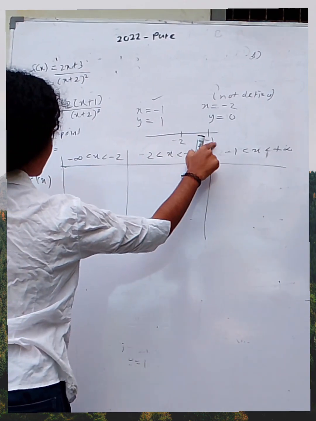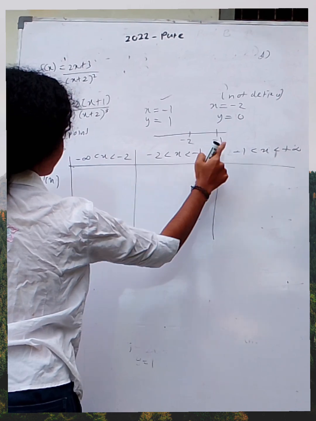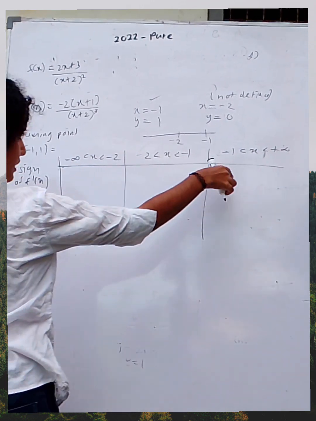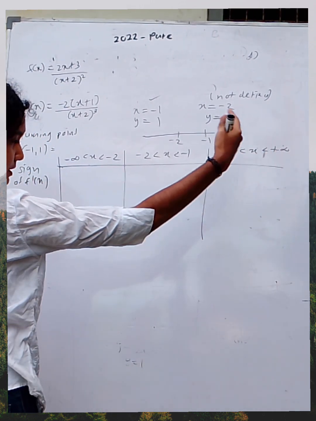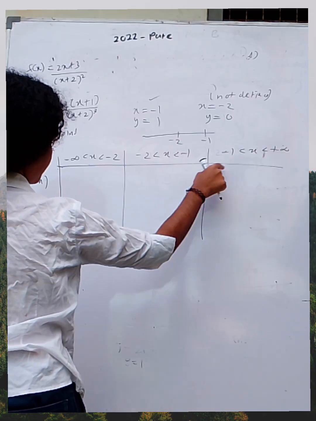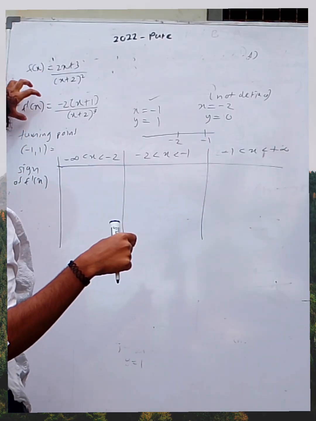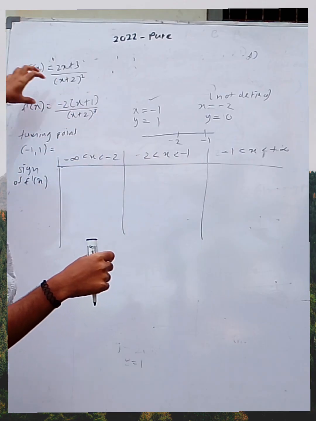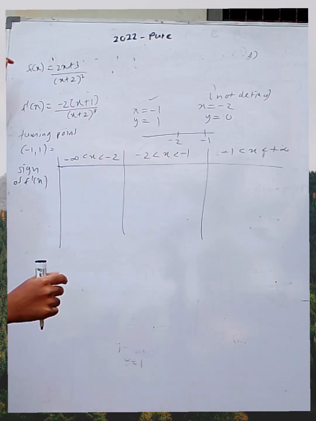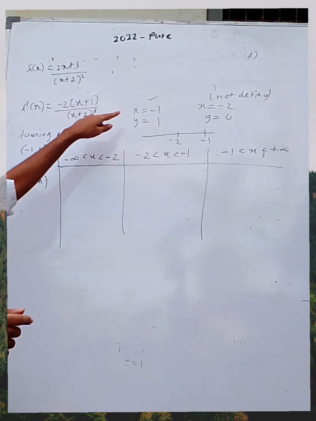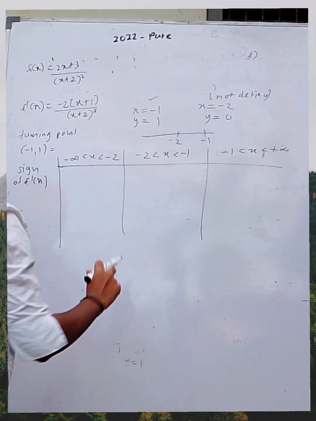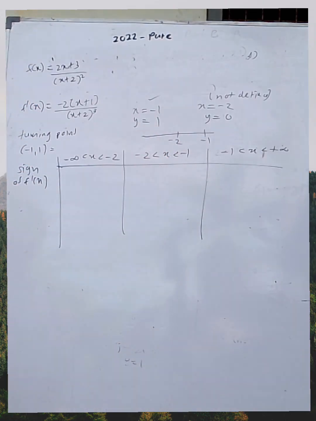Now let's check from the right hand side, the extreme positive side. I have to substitute a positive value into this f'(x). Now you need to consider only f'(x), not f(x). Only when finding the turning point did we have to consider f(x). But when finding the sign, you need to proceed with the f'(x) function.